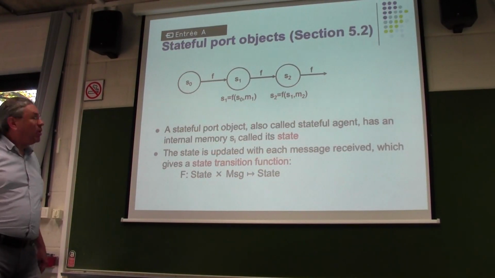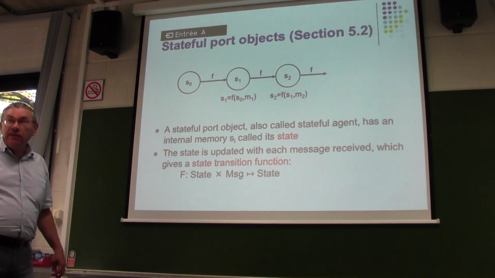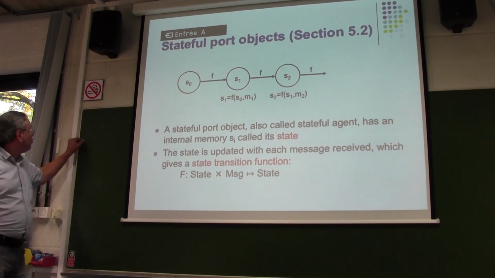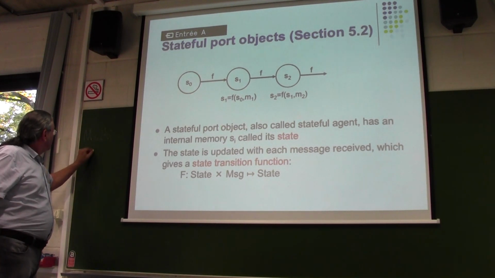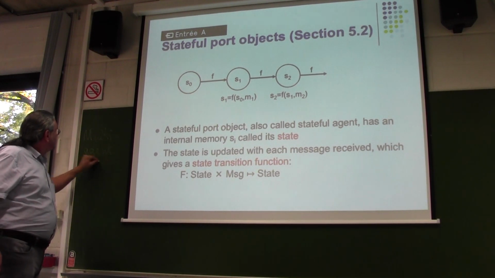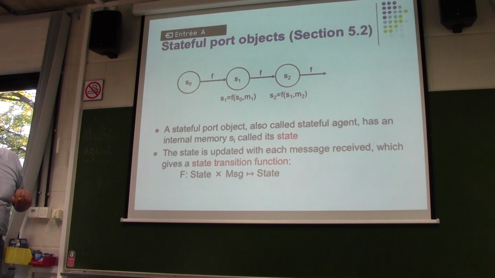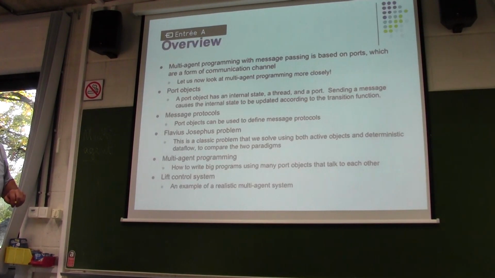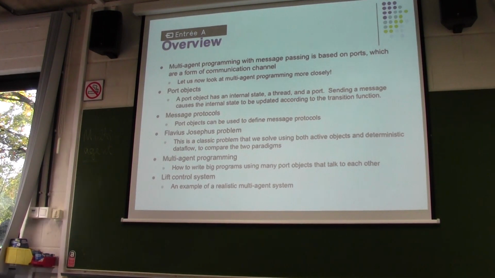So I'm going to talk about multi-agent programming. This is actually a really good and powerful way of programming, multi-agent. And this is based on ports, the communication channels we saw, okay? And so what I want to talk about now is multi-agent, and this will go through several lectures, okay?